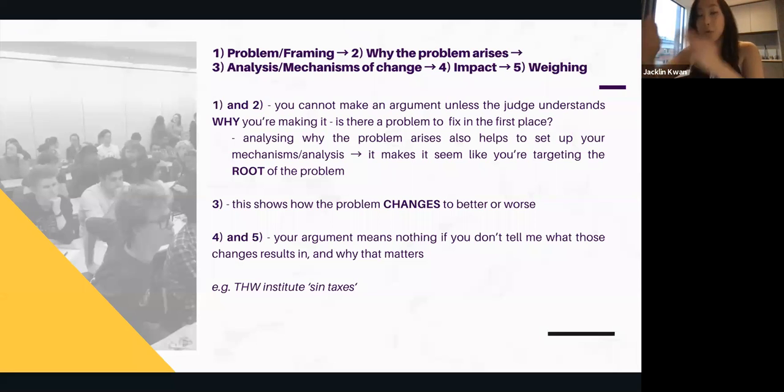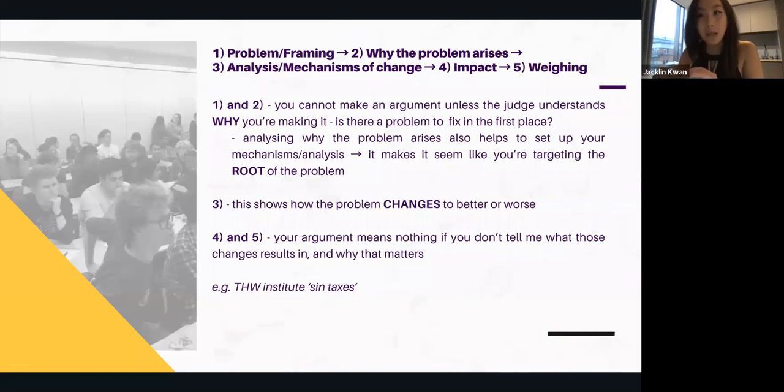That sets you up really cleanly for the next stage, which is to show me why the problem changes to be better or worse. So all your analysis can be targeted at those root issues that you just identified in the prior part, showing me, okay, this motion solves the old boys network. This motion solves the internal soft sexist culture in corporations.